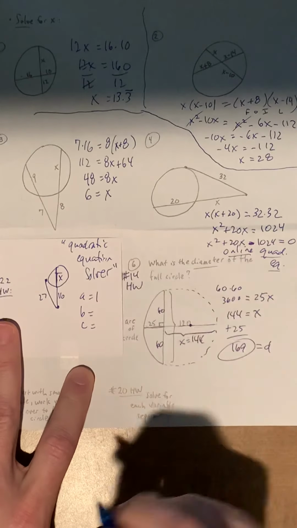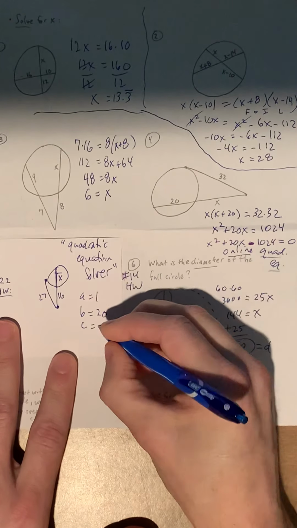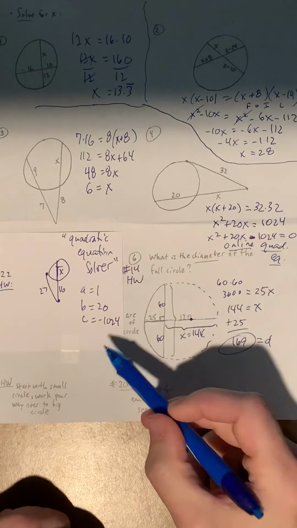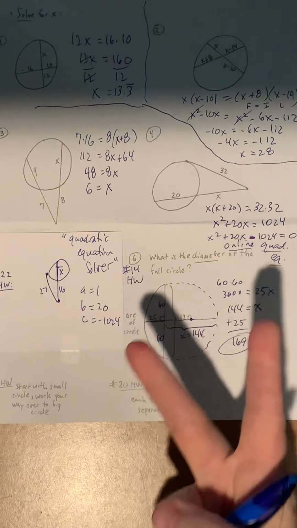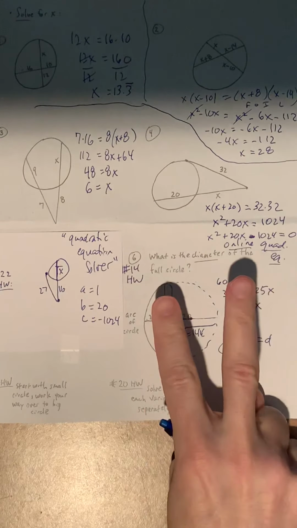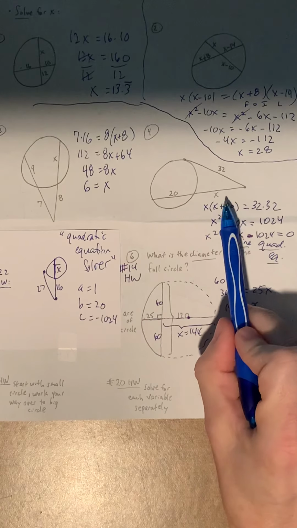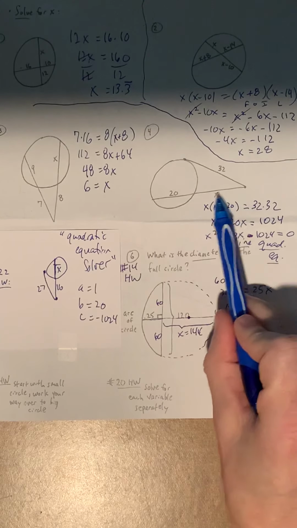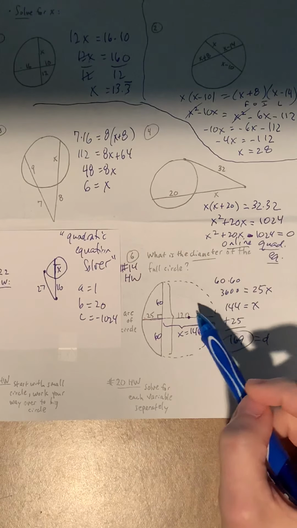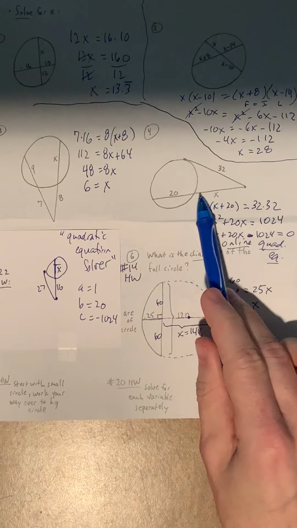So if you enter 1 for A, 20 for B, and negative 1024 for C, that will give you, usually it gives you 2 answers, because quadratic equations, most of them have 2 solutions. And you would want probably the positive solution. It'll probably give you one positive, one negative. It would here, since C is negative. So you would want the positive solution for X.